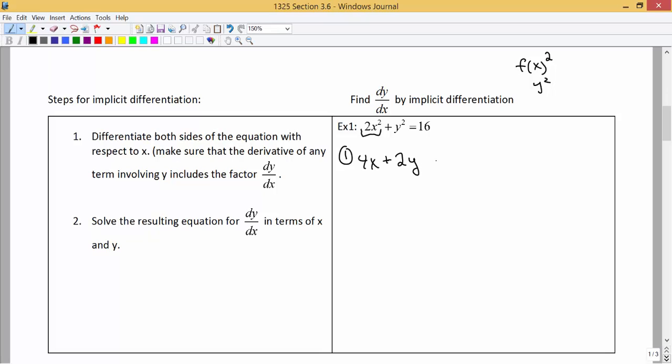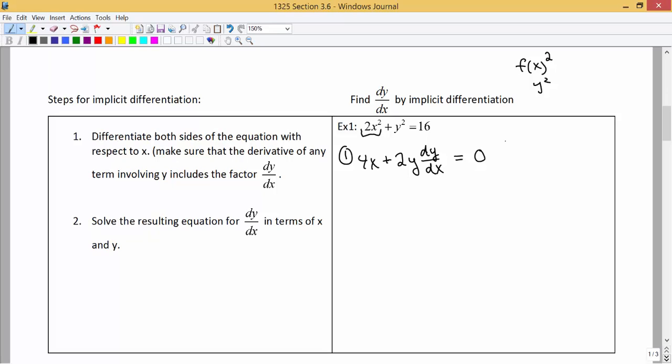Then we're going to multiply that by the derivative of the inside function. We don't know what the inside function is, so we can't actually write out the actual derivative of the inside function. So as a placeholder, we're going to use dy dx. And then equals, and then we're going to take the derivative also of the right side of our equation, and the derivative of a constant is just 0, so we get equals 0.